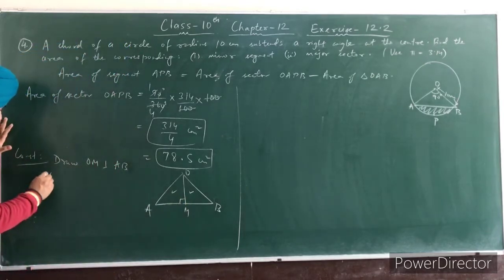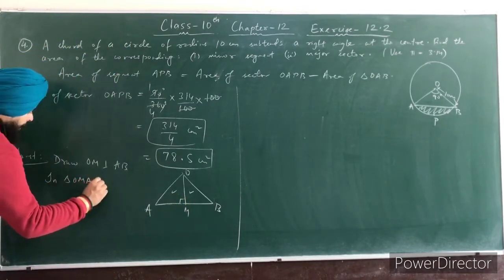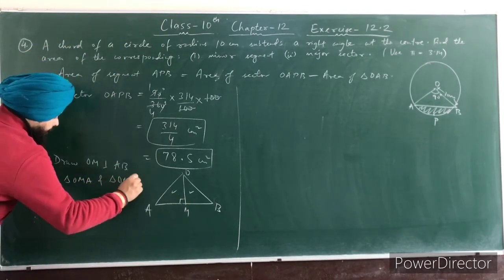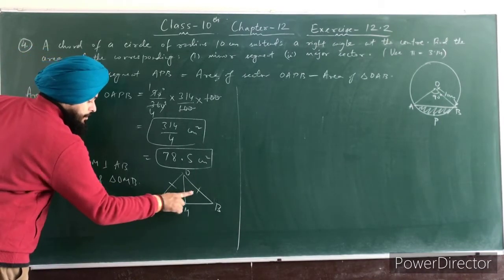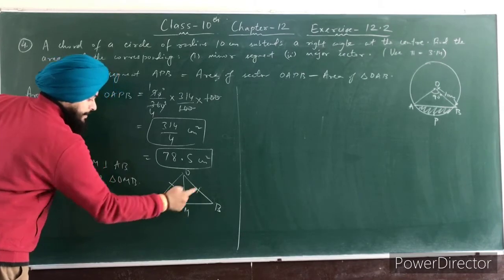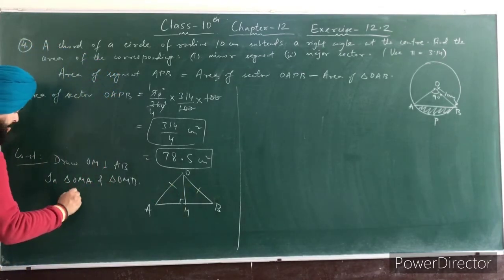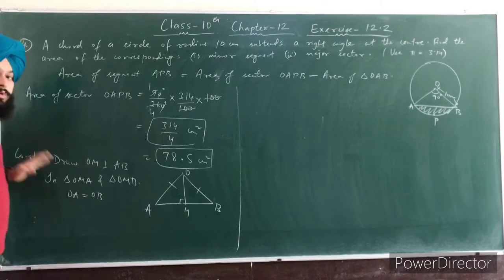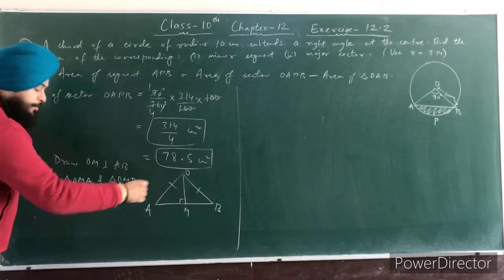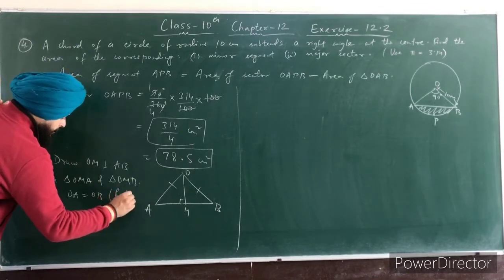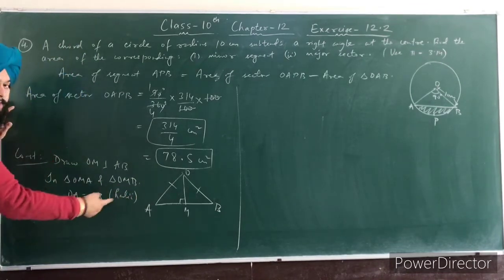So in triangle OMA and triangle OMB, which is the first part? You can write here OA is equal to OB. Reason is radius of a circle. OA and OB are both radii.